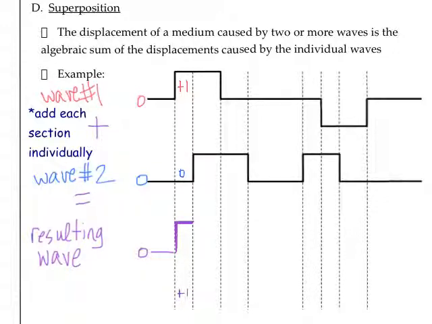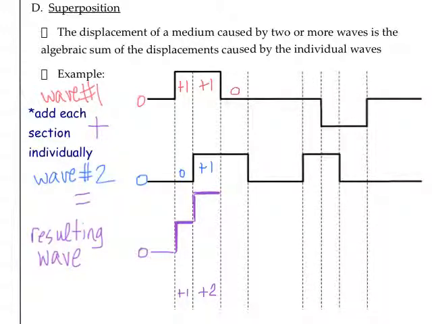Now we're just going to keep going. +1 still is the amplitude of my first wave. Now my second wave also has an amplitude of +1. This gives me a total of +2. Since I've already moved my wave up from that amplitude of 1, I only need to go up one more step so that I get a total amplitude of +2 from that equilibrium line.